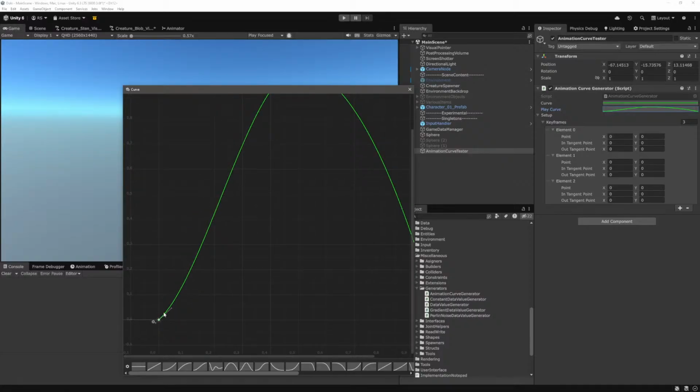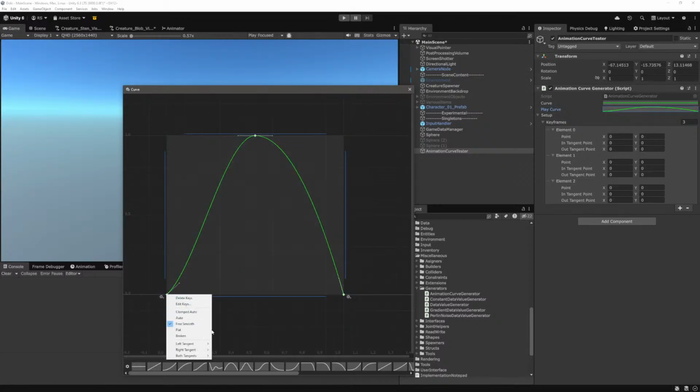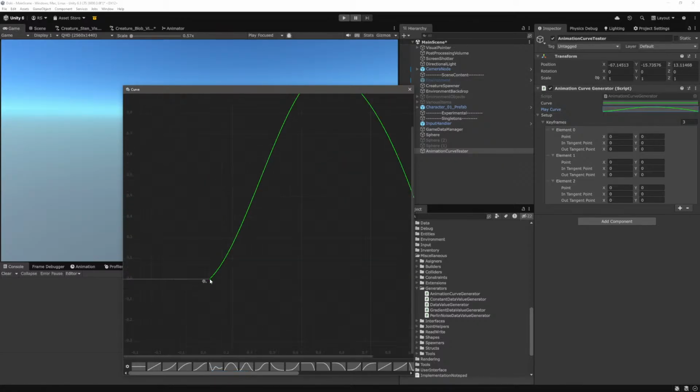So we do both tangents weighted. So we do take this one here. You know what? Maybe here. And here. And this one we keep here. And here. Okay, let's mimic this one.